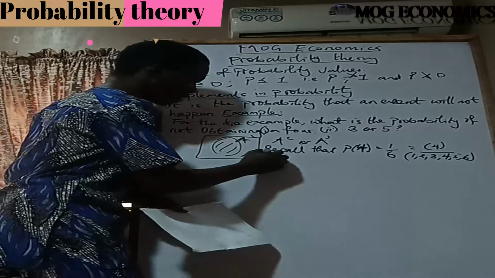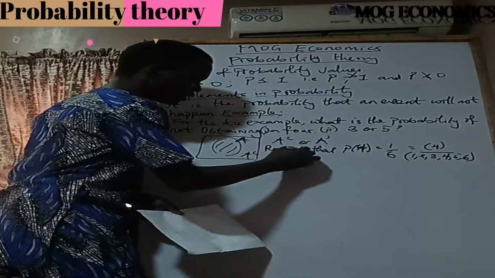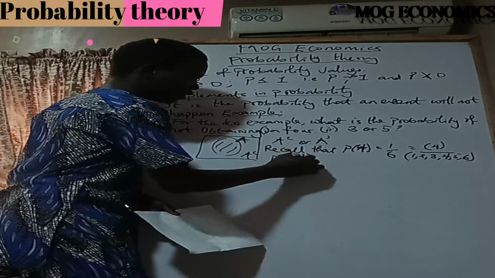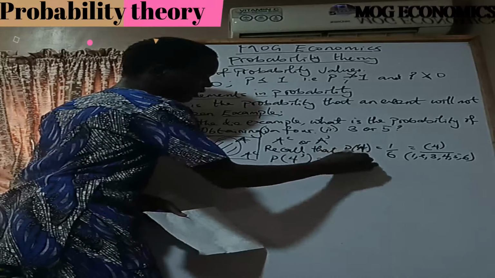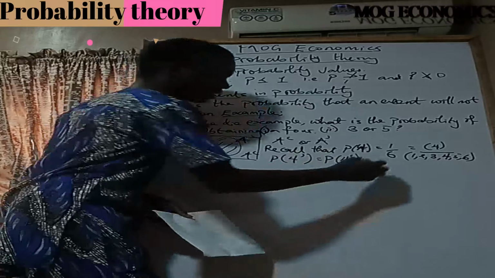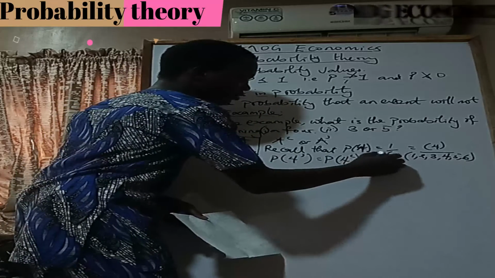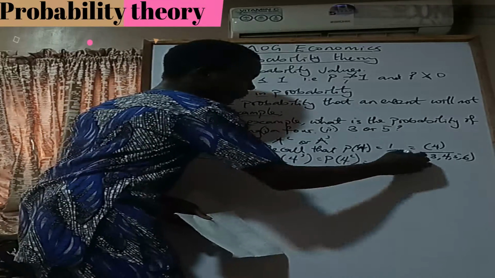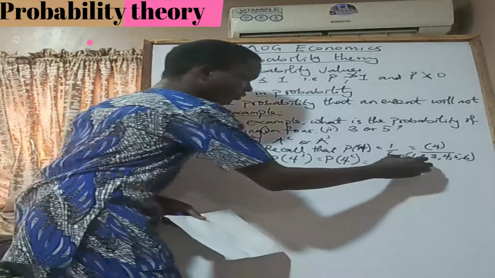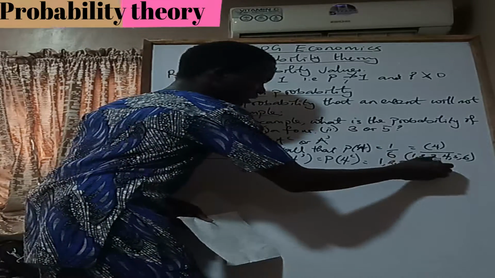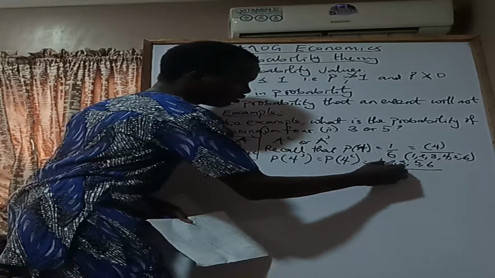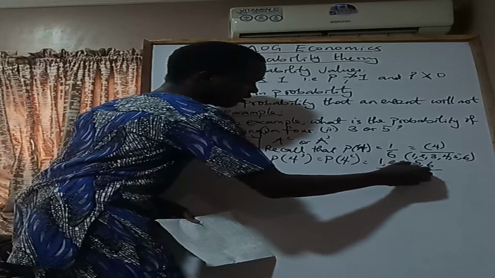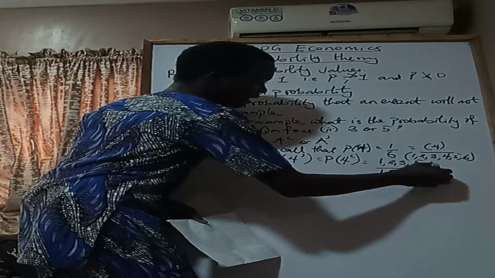So we are left with the probability of 4 prime, or the probability of 4 complement. It's the same thing. So we'll be having 1, 2, 3, 5, 6 divided by the sample space 1, 2, 3, 4, 5, and 6.